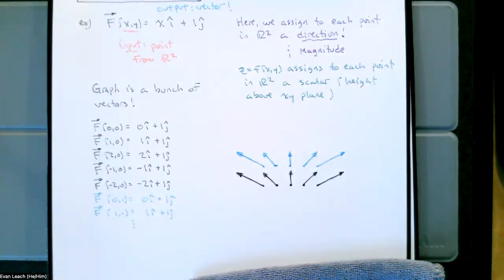And at every value of x, we get this kind of spread of vectors. It kind of blows out that way. But it's the same at every x value.